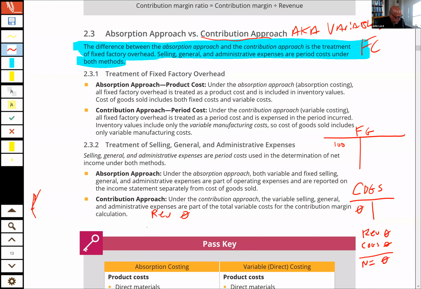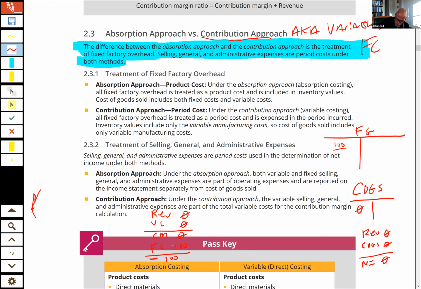And now instead we would simply say our variable costs are 0. My contribution margin is 0. My fixed costs are what? 100. So I have a negative net income.